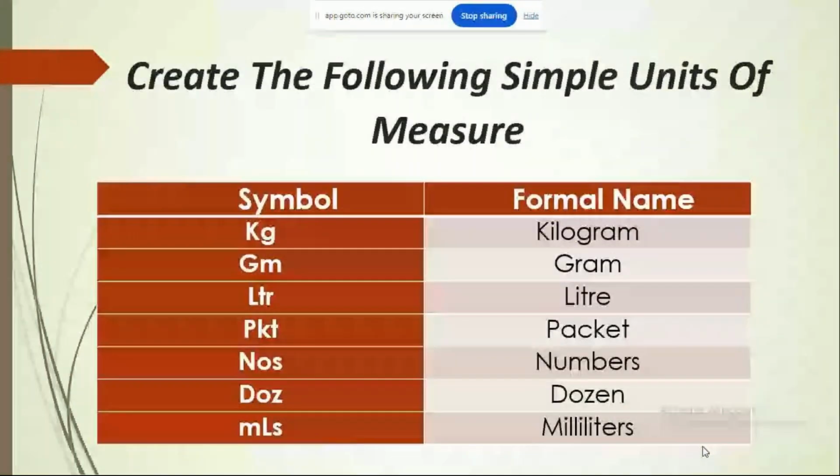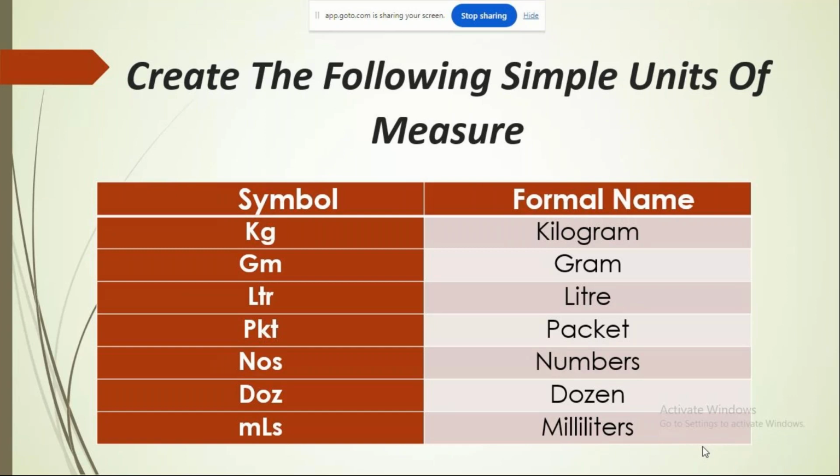Yes, this is the table which you have to fill in the unit of measure creation window. See, I've given here symbol kg, formal name kilogram. Symbol gm, formal name gram. Symbol LTR, formal name liter. For packet, formal name is packet. Symbol again NOS, numbers.